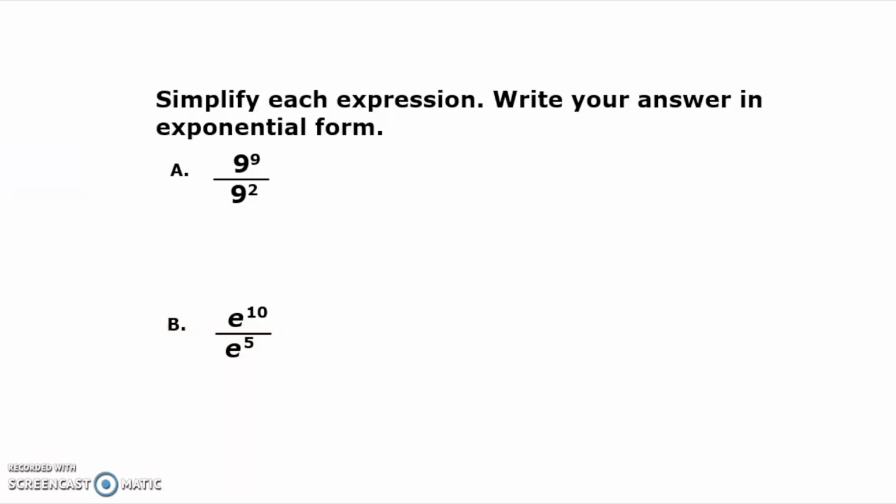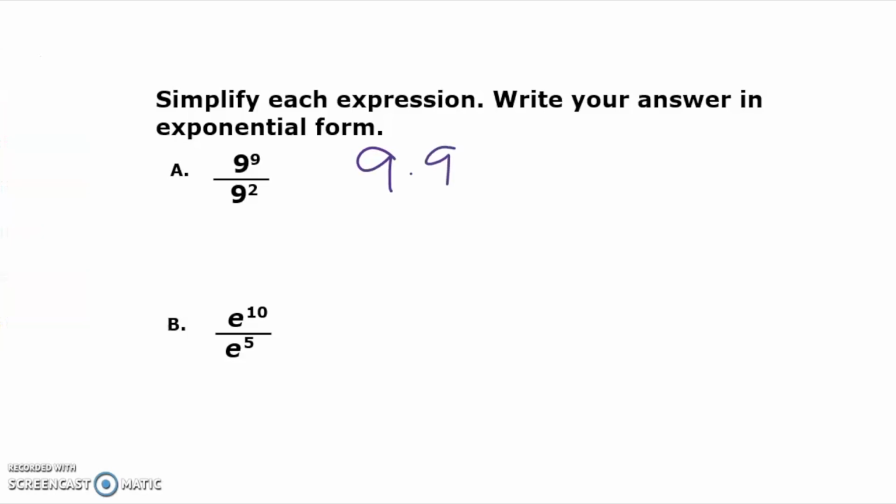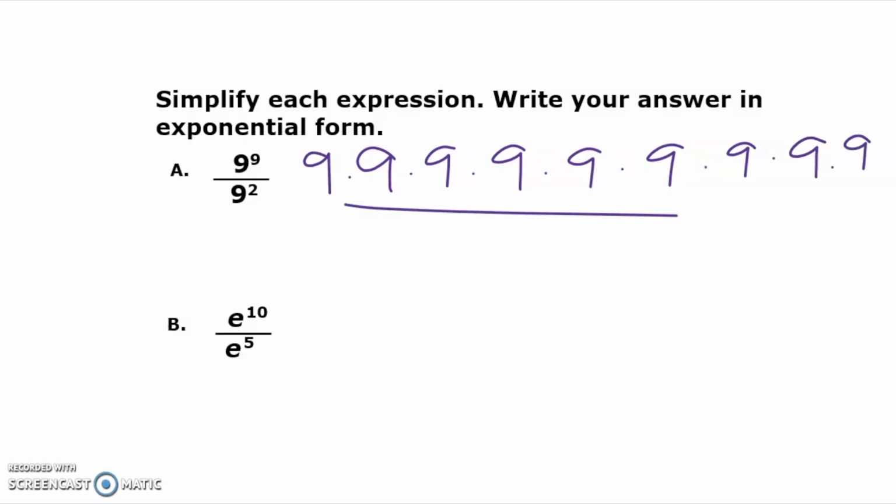Remember, we talked about this would be the same as 9 times 9 times 9 times 9 times 9 times 9 times 9 times 9 over 9 times 9. And we started crossing out ones that they had in common, and then we just counted and saw we had 9 to the 7th left.